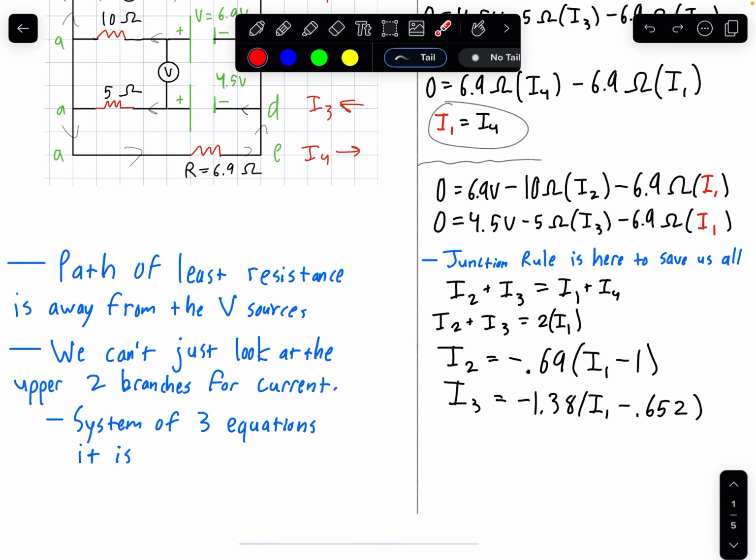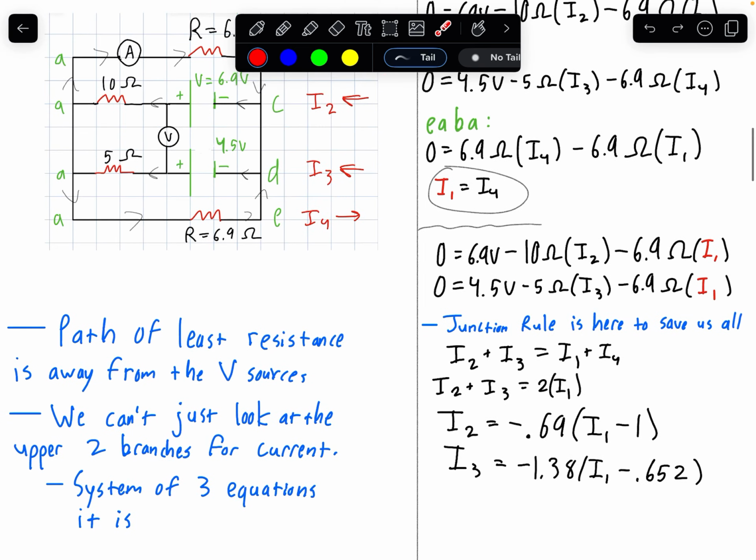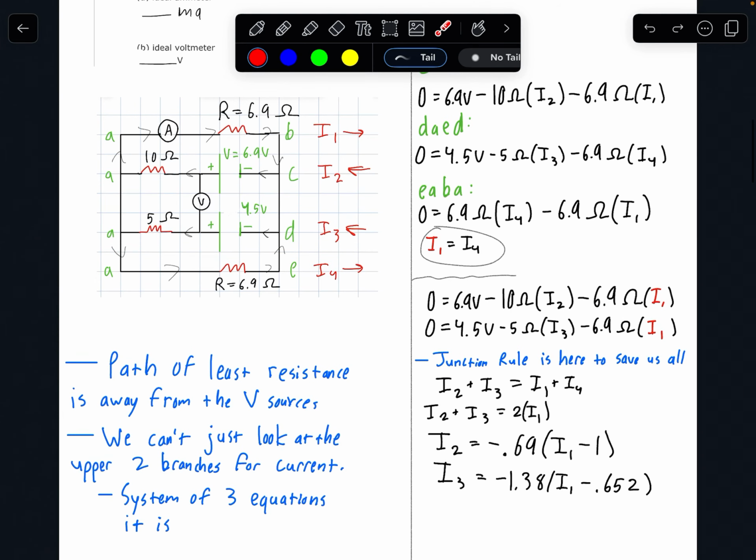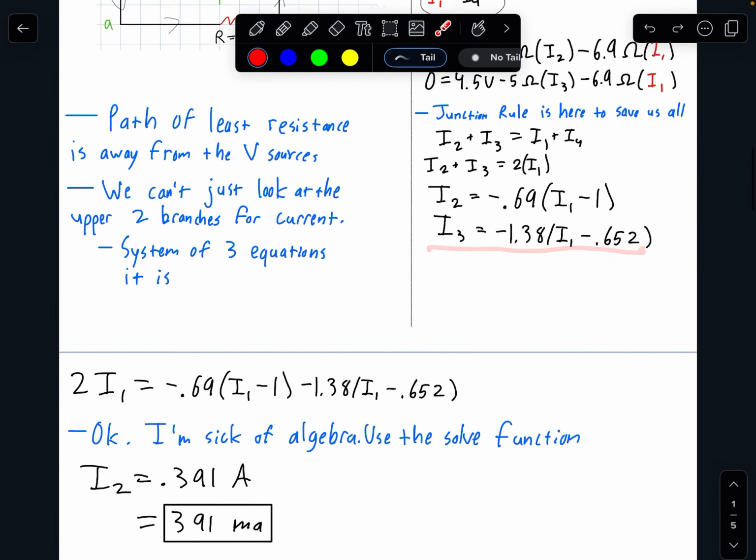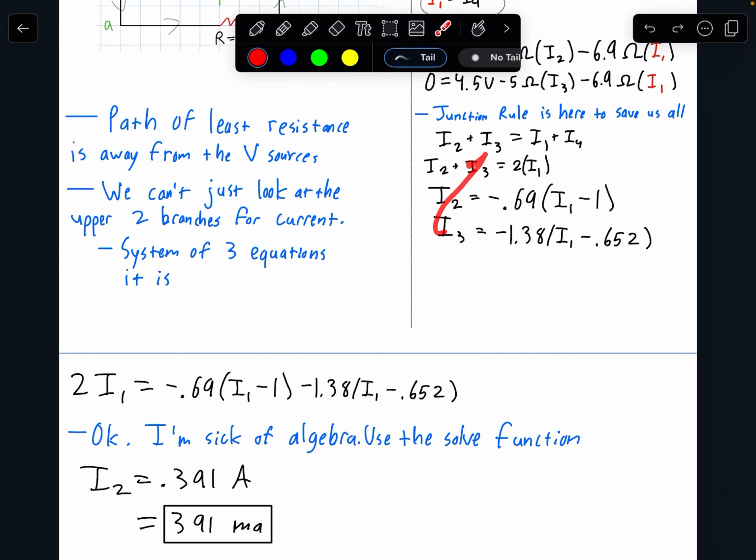I took this first equation up here and set it equal to I2, with my calculator because I'm lazy. The same idea with this second one, except I set it equal to I3. Then I can plug that I3 in there, I2 in there.